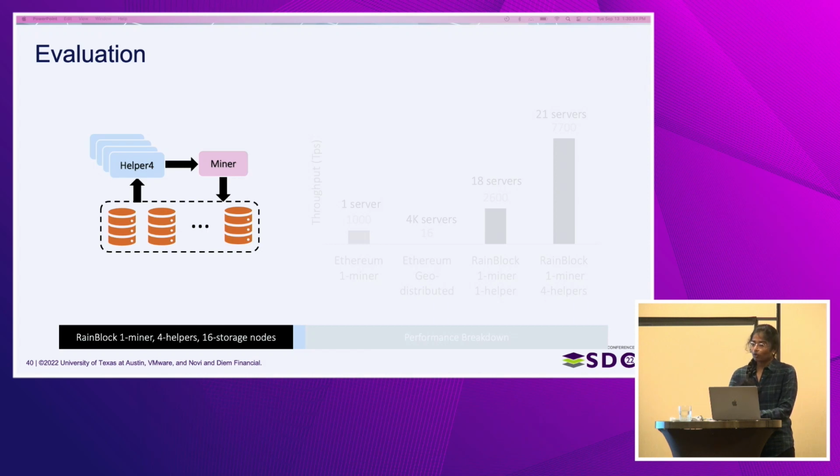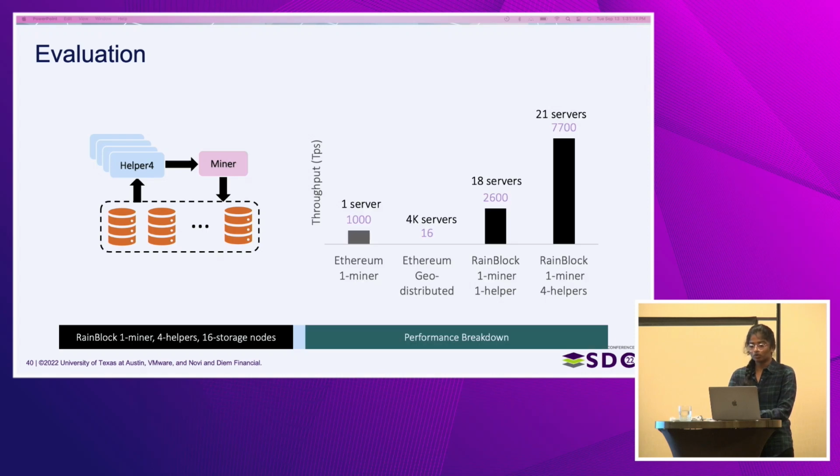By using 4 IO helpers instead of a single IO helper, we increase the amount of data being prefetched and the number of transactions being submitted to the RainBlock miner. Essentially, we are increasing the load on this single miner. And in this setting, a single RainBlock miner can now process more than 7,000 transactions per second using a total of 21 servers.